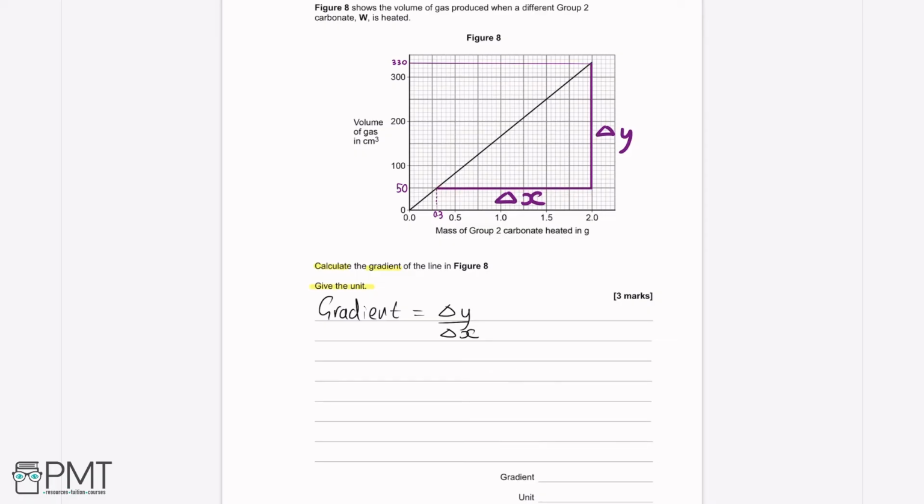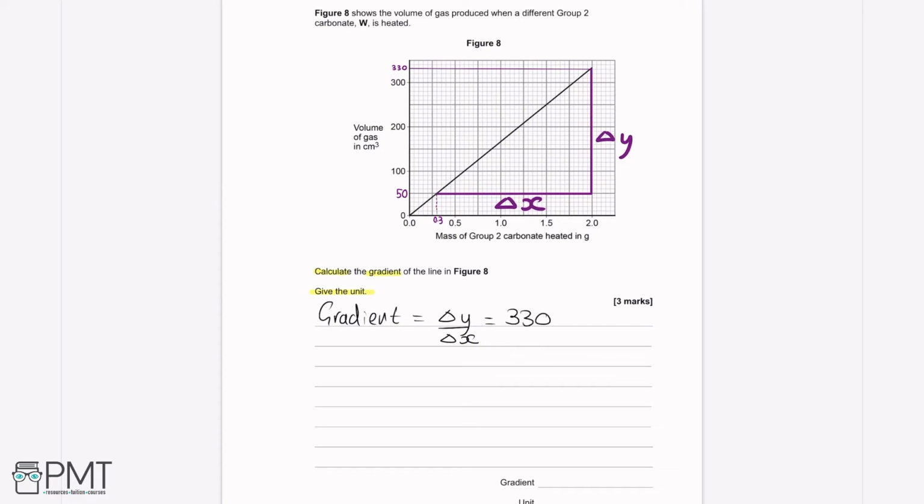So, to calculate the change in y, it's going to be the top, which is 330, take away the bottom, which is 50. And that is divided by the change in x.